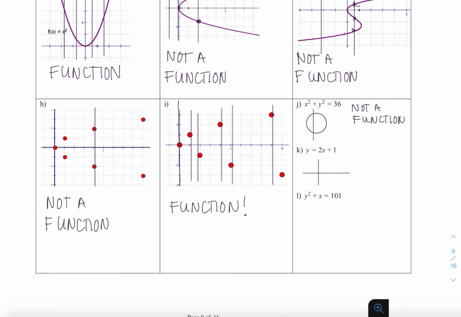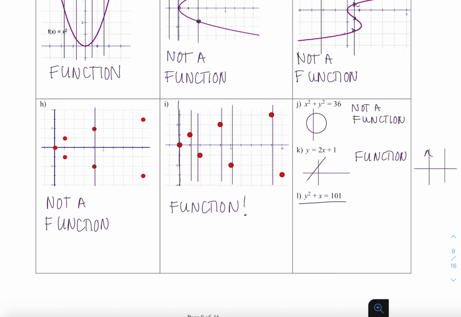Okay, so it looks something like this. All lines that have a slope, like a diagonal line, are functions. The reason I say that is because there's one line that isn't a function, and that would be any vertical line. Okay, so those are not functions, but all other lines are functions.